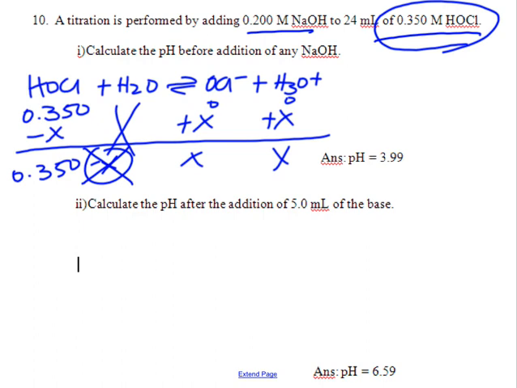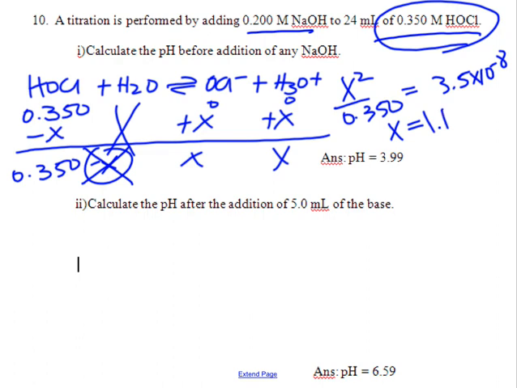So we get x squared over 0.350 equals our Ka of 3.5 times 10 to the negative 8. X is equal to, all right, and then that's going to be our concentration of H plus.